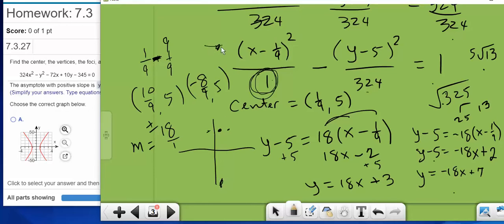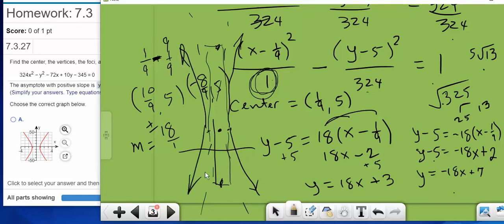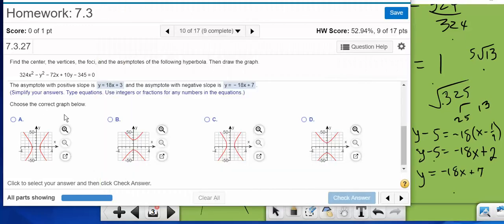And then it's opening in the x direction, so it's going to be real wide like that. So let's look. It's not 18, not A. Well, it could be A because of the, or it could be C.